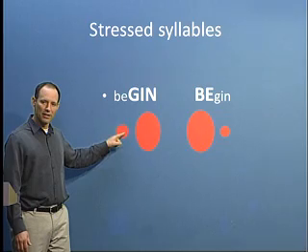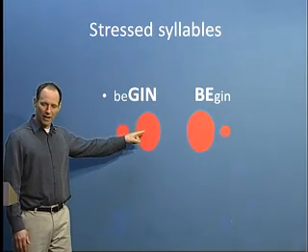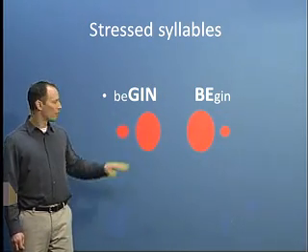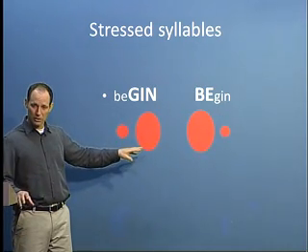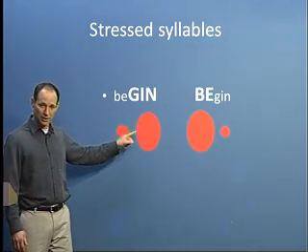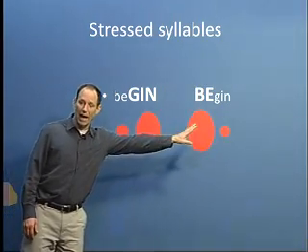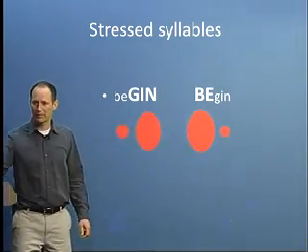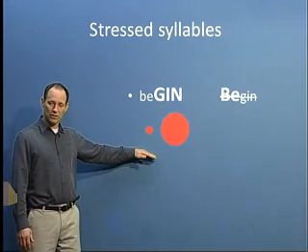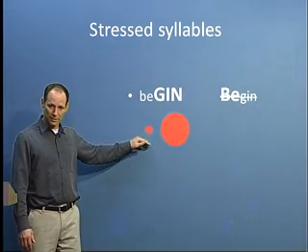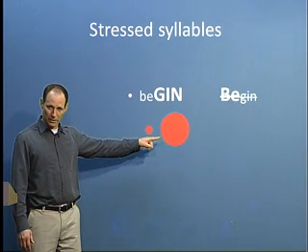It is da-DUM. Okay. This also shows these are the two possible patterns for two-syllable verbs. It's either DUM-da or da-DUM. So once again, this is the stress pattern for begin. The second syllable is stressed.